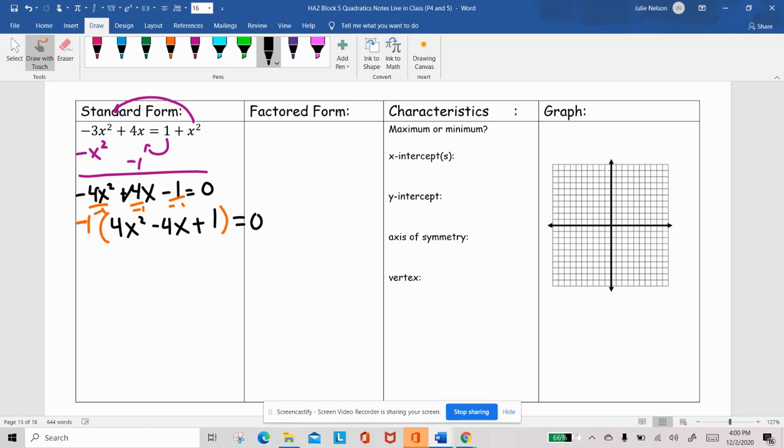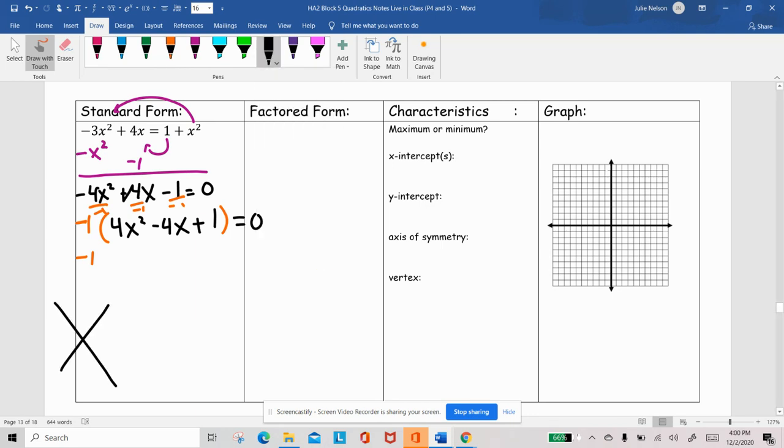Then I have that orange negative 1 that's hanging out, just enjoying things. And I'm going to try to factor that trinomial, 4x squared minus 4x plus 1. So I'm going to factor it using the x method.